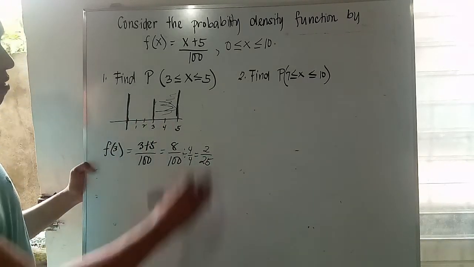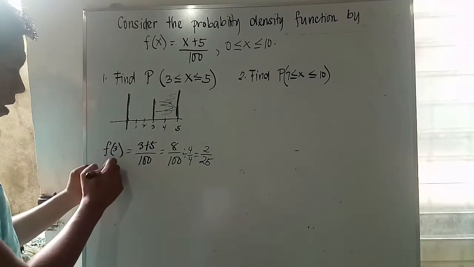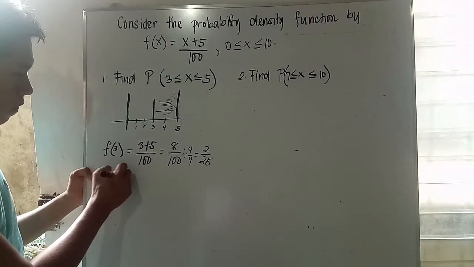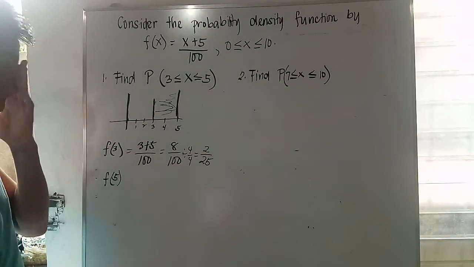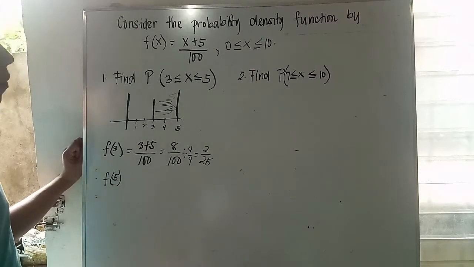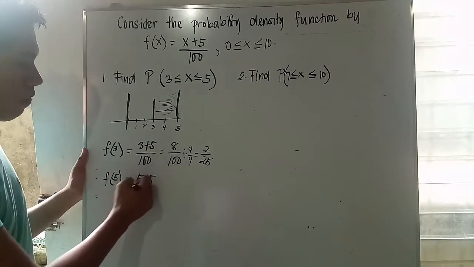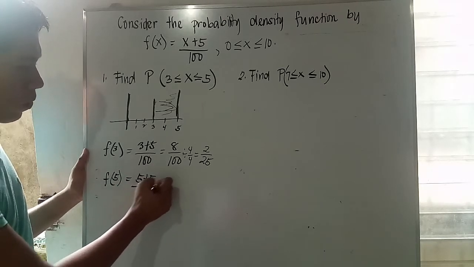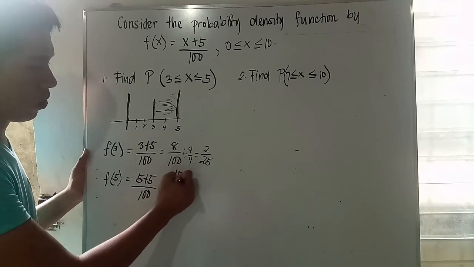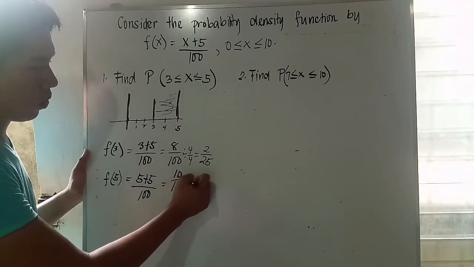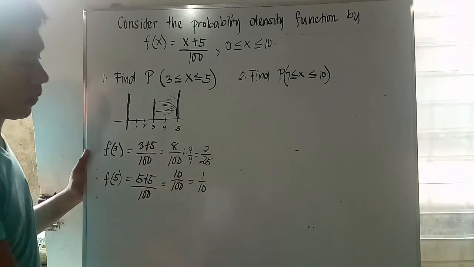Then later on we have 5. f of 5 is 5 plus 5 over 100, that is 10 over 100, which is equal to 1 over 10.